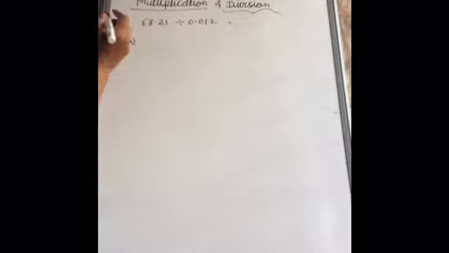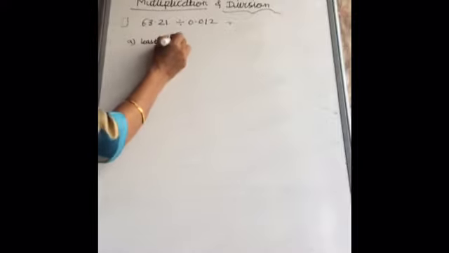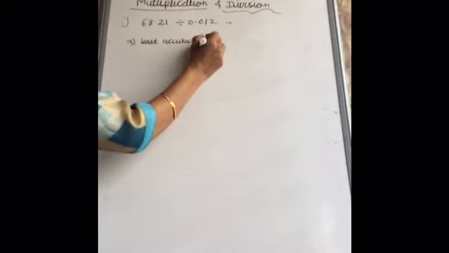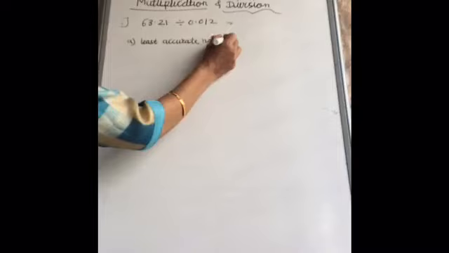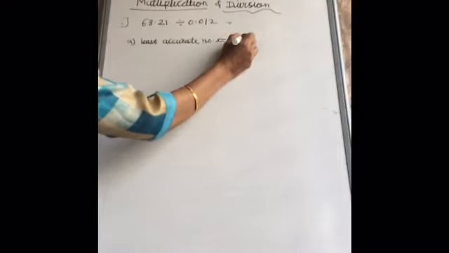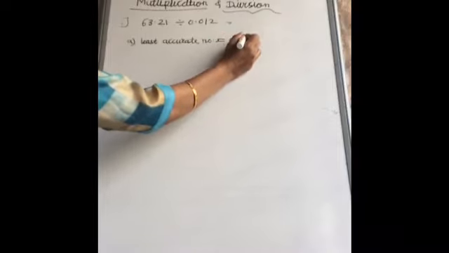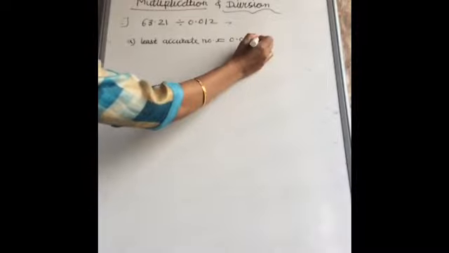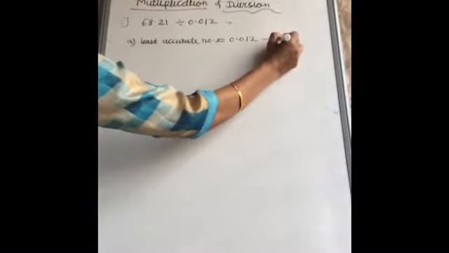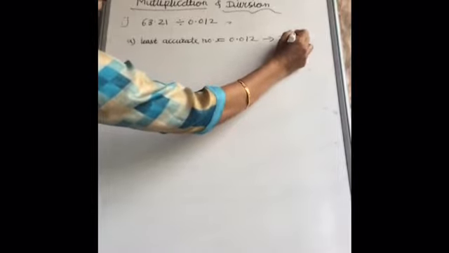First find the least accurate number. The least accurate number is 0.012, having two significant figures.